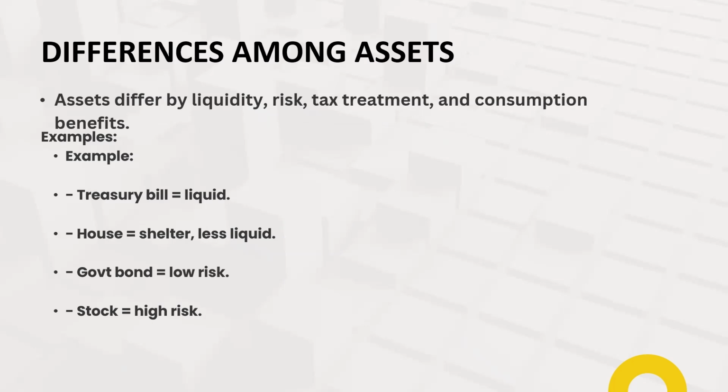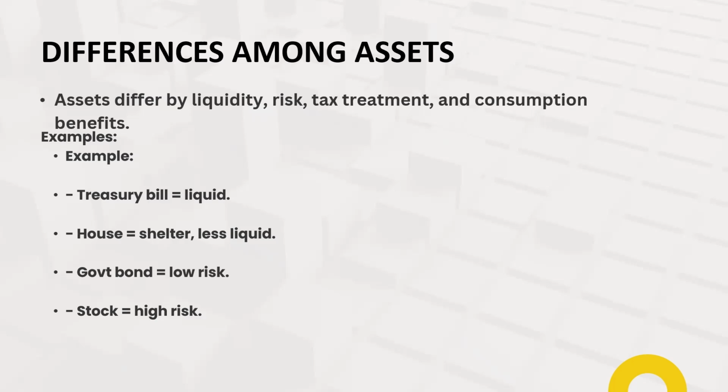Finally, we want to see differences among assets. Assets can differ based on their liquidity, risk, tax treatment, and consumption benefits. Here we see some examples. Treasury bill is liquid, so it falls under liquid assets. A house can give shelter, and it is less liquid.